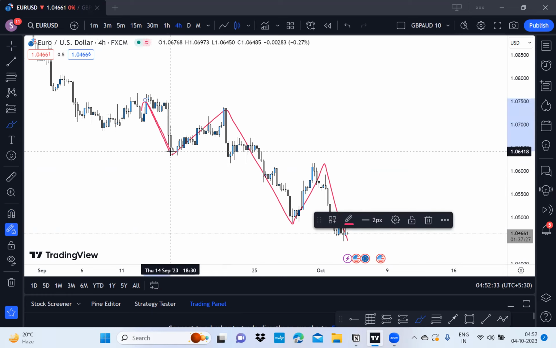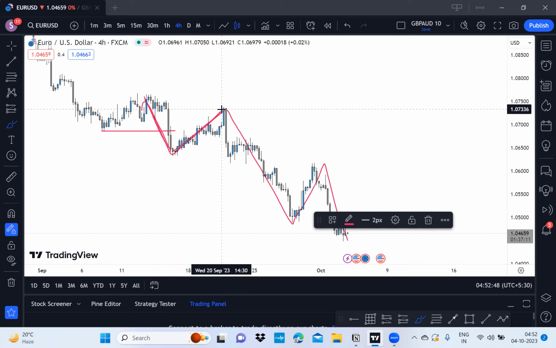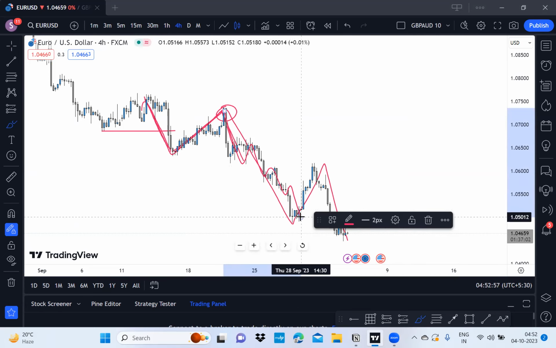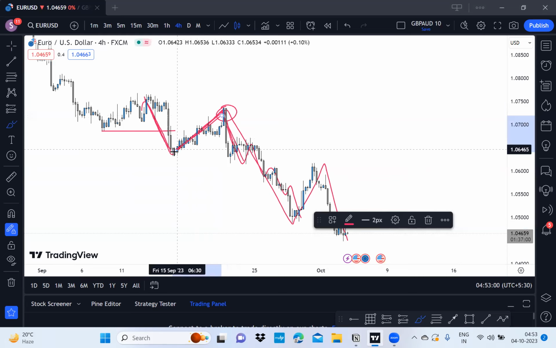Okay, the market formed a new low by breaking this previous low, a lower low. And when the market is retracing, okay, after the retracement, we'll be trading for the continuation. Okay, we'll be trading this continuation. The market is continuing to the downside. Okay, we will not trade this retracement, but after this pullback, when the market will continue, we'll trade that.